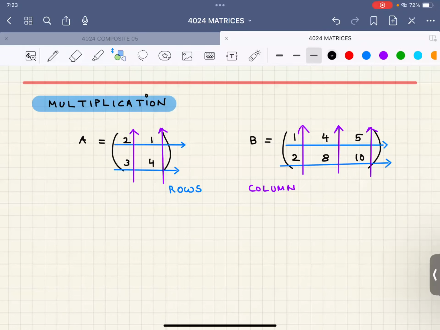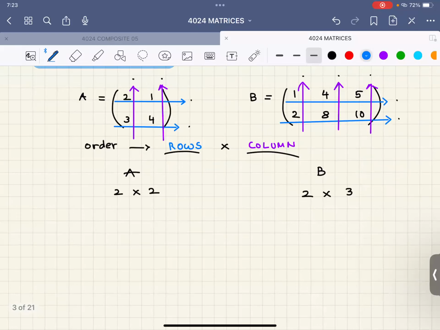So matrix A has 2 rows and 2 columns, a 2 by 2 matrix. First we write the rows and then the columns. That is the order of a matrix. When I talk about B, there are 2 rows, but now we have 3 columns. So this is 2 by 3.